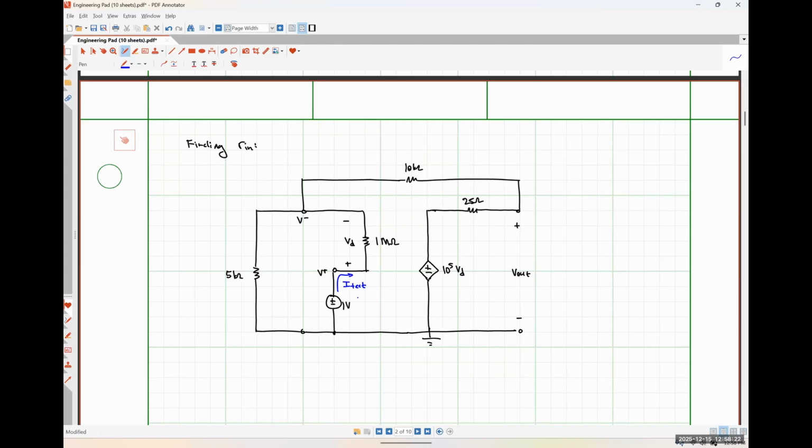So as you can imagine, we're going to analyze this circuit the exact same way we did a moment ago, because it's the same thing, except that we threw that load resistance away.